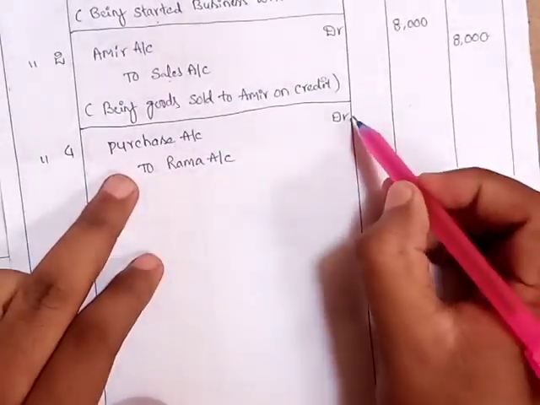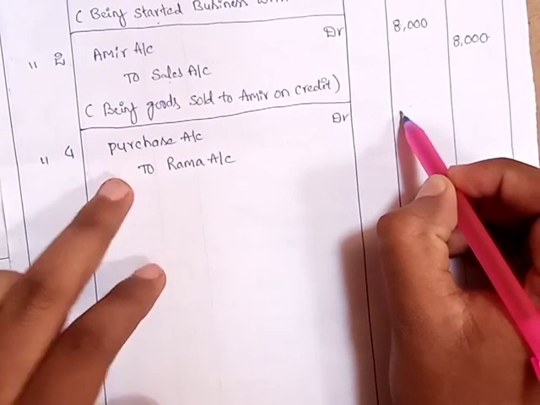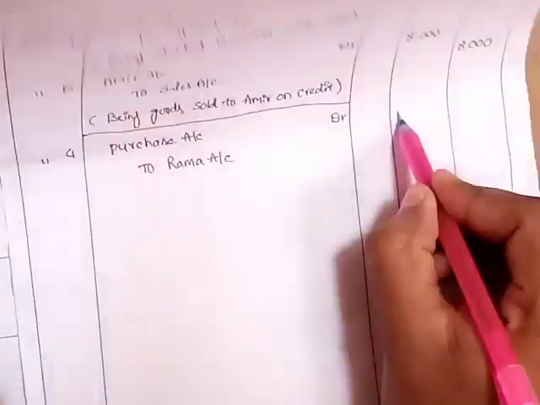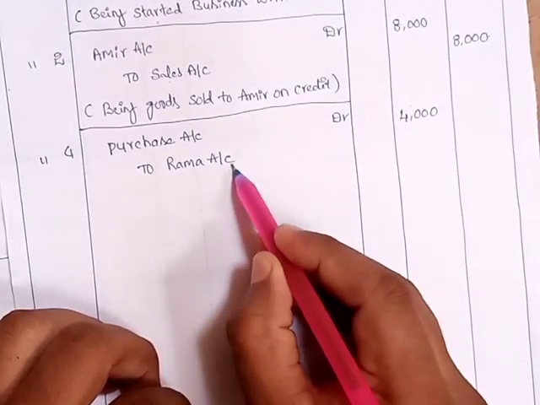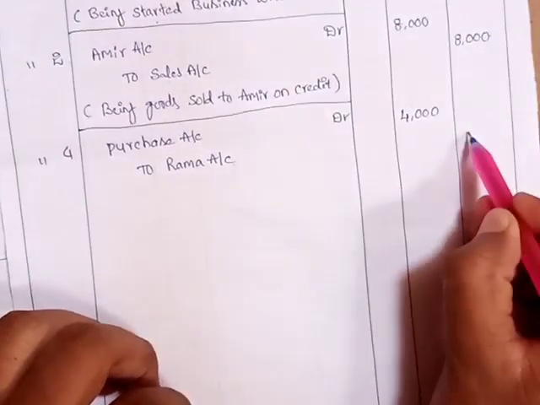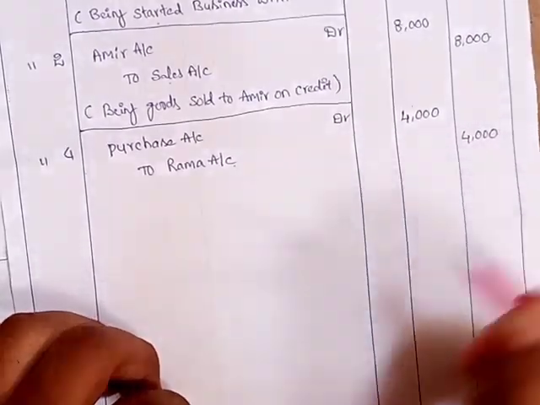Opposite debit line in debit column we should write the debited amount. What is the amount here? 4,000. And opposite the credit line in credit column we should write credited amount, that is 4,000.